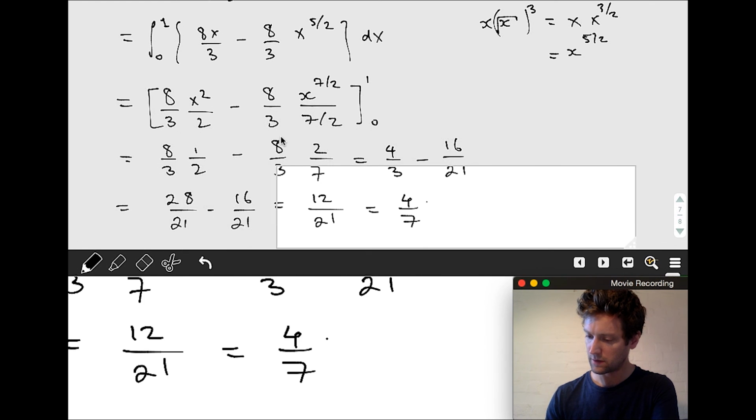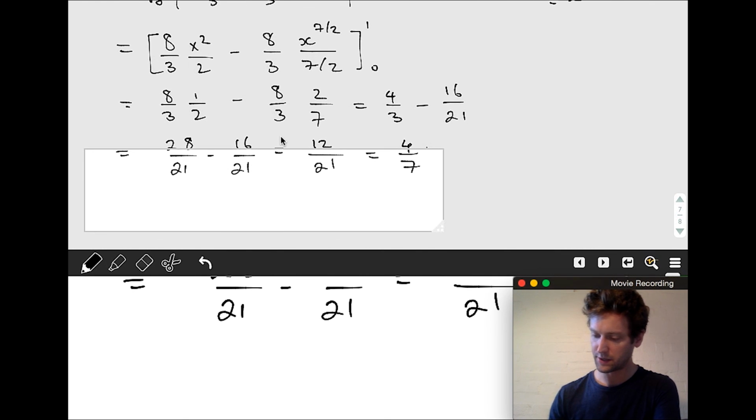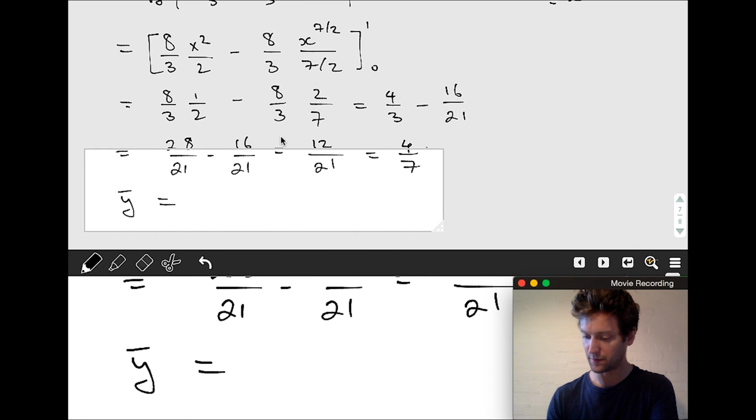Okay, so we need to calculate the y-coordinate of the center of mass, so that's going to be 1 over m times the integral I just calculated.